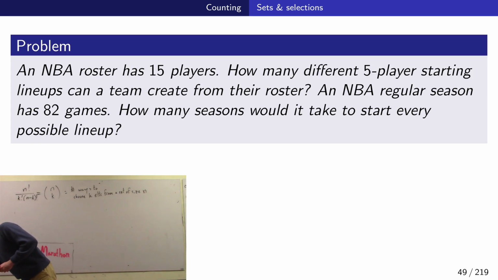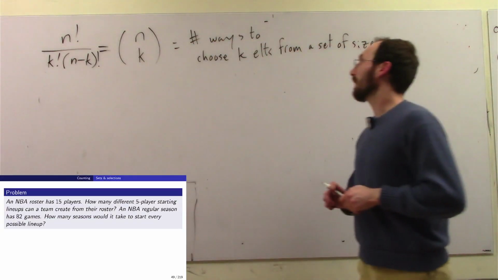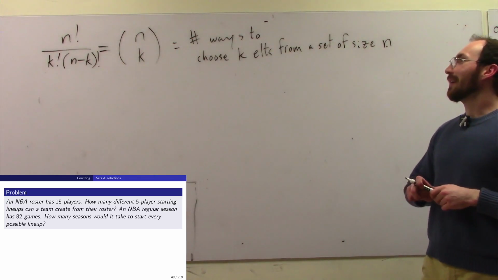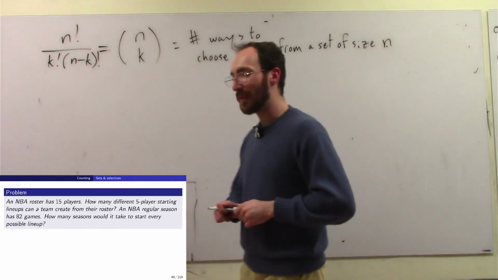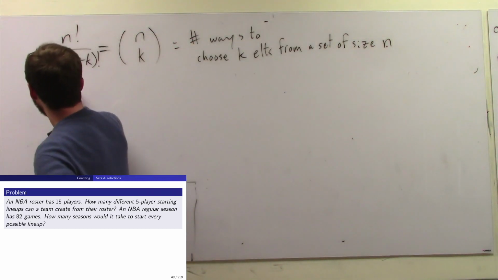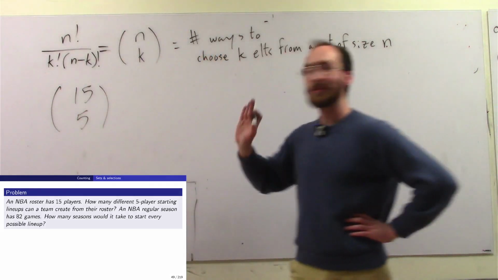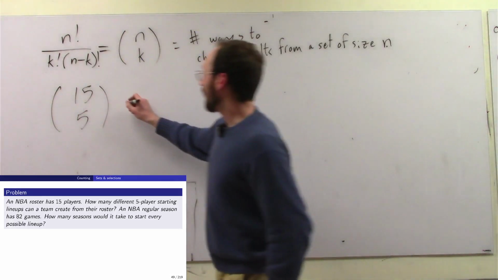Of course, there's a lot fewer because you're not going to put your second string out there, probably not in its entirety, maybe ever, I don't know. I'm not sure about the specifics, but I do know there are 15 choose 5 ways to do it. And what is that?